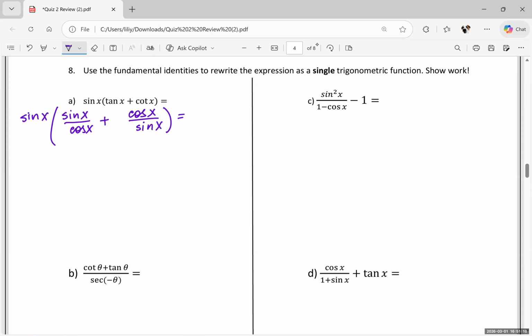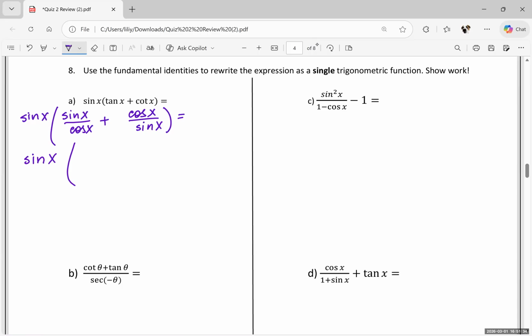And then you have a couple of approaches. You can open up the parenthesis, so distribute the sine x and go from there. I found that it's a little bit easier to combine the fractions inside the parenthesis first and then go from there. So I'm going to keep the sine x on the outside for now. And then inside, the greatest common denominator is cosine x times sine x.